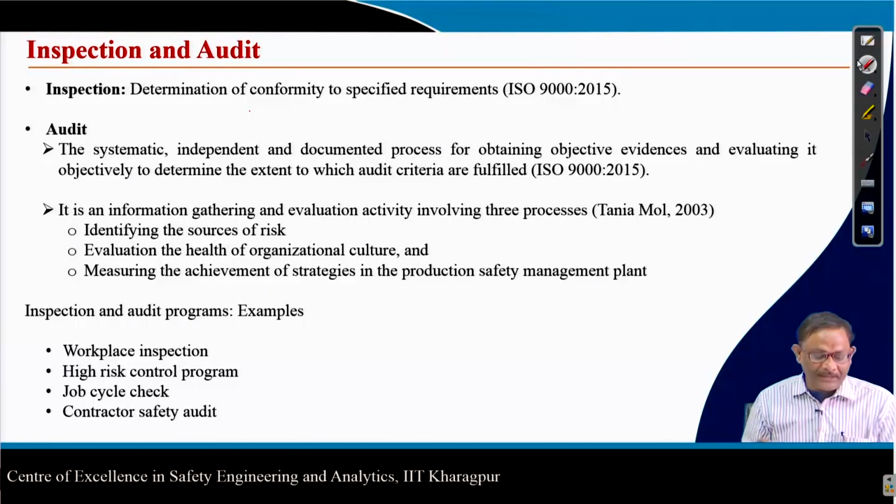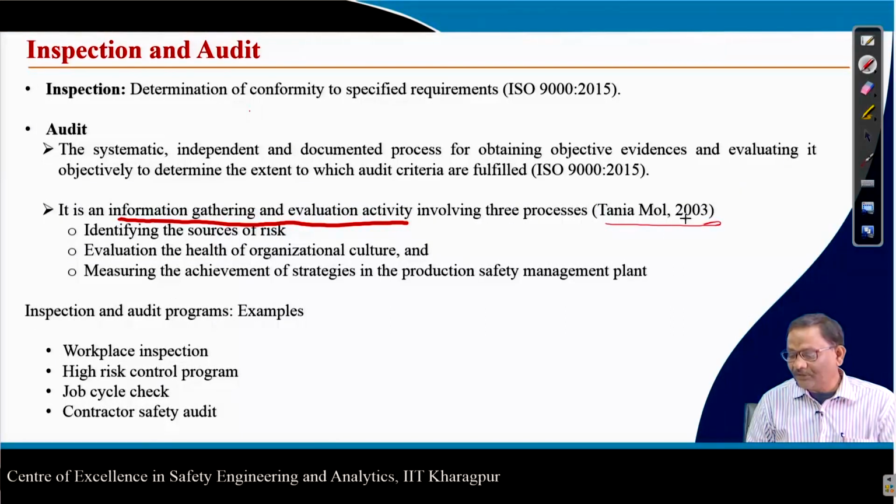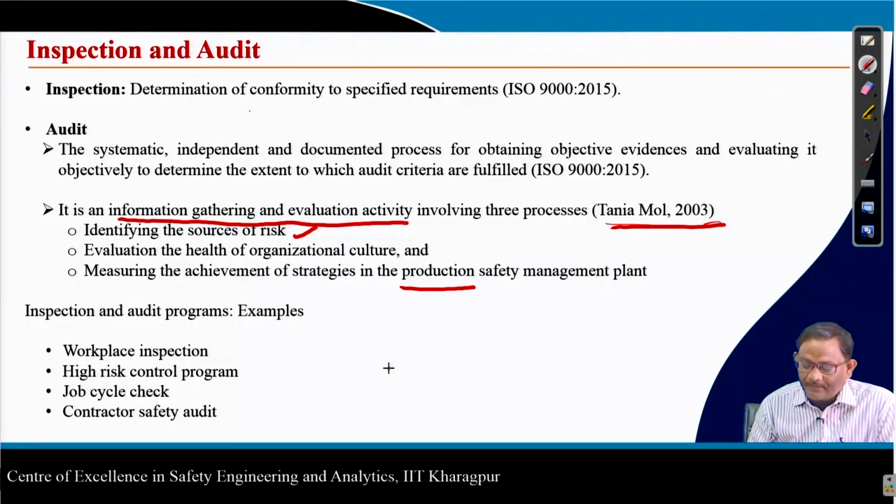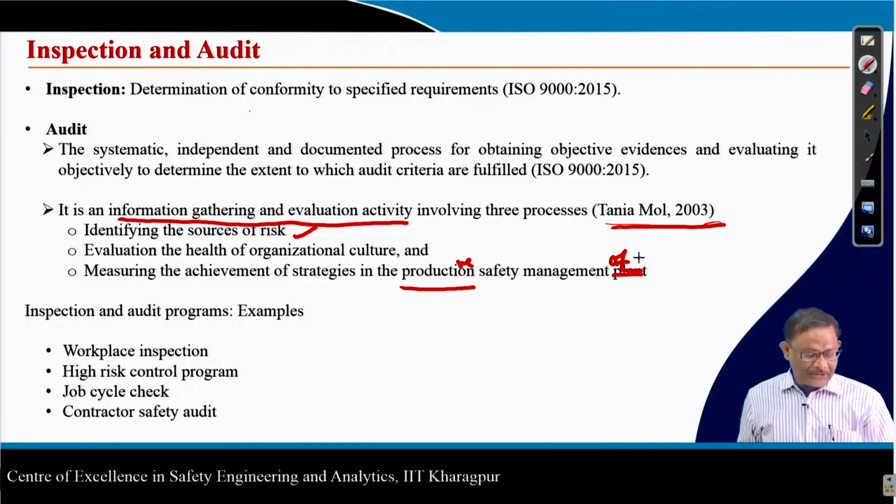So, as I said, audit is an information gathering and evaluation activity. Tanya Moll, in 2006, explained that it is used to identify the sources of risk, evaluate the health of organizational culture, and measure the achievement of strategies in productive safety management of a plant.